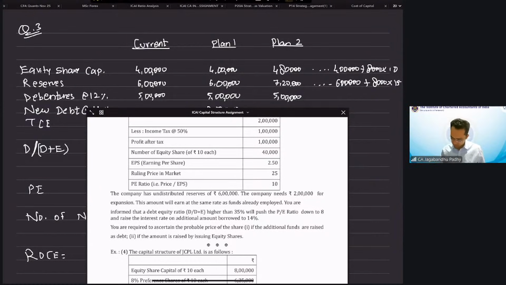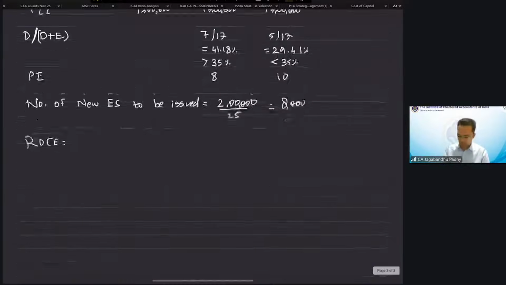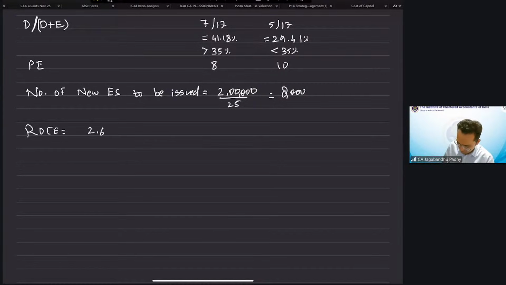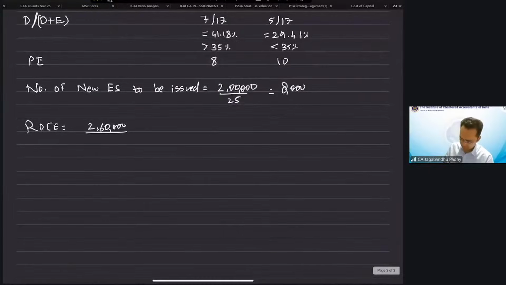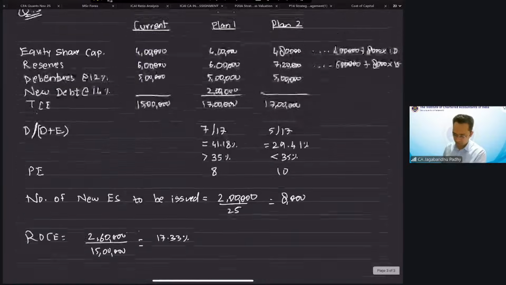So we can see that profit is 2 lakh 60,000. So our return on capital employed is 2 lakh 60,000 divided by 15 lakhs, which is 17.33%. So return on capital employed is going to be 17.33%.